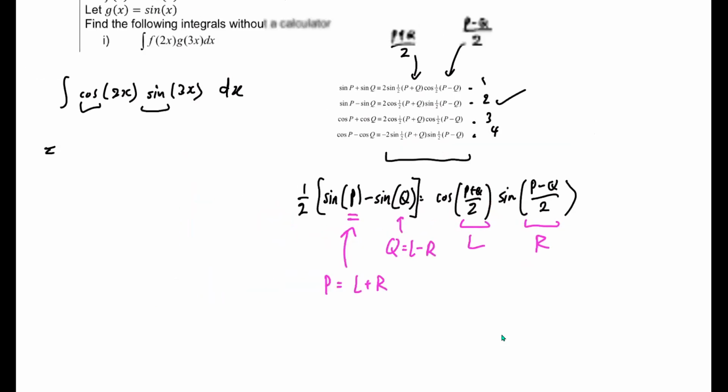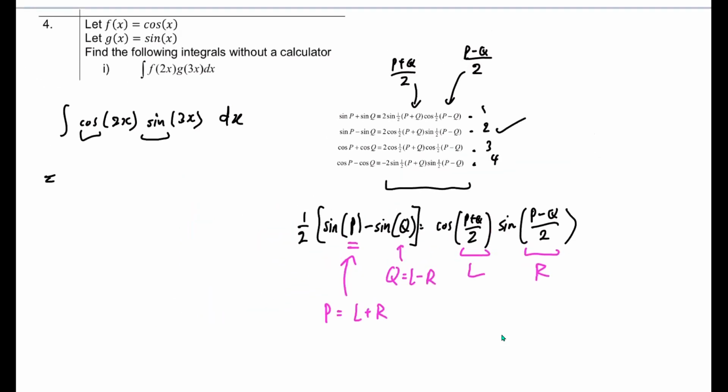Okay, so now we know how to use the formula. This p plus q over 2 is really just acting as your 2x. This p minus q over 2 is acting as your 3x. So that means I'll just use the formula now. I get a half open square bracket sine of p, then minus away sine of q, close the square bracket dx. What's my p?